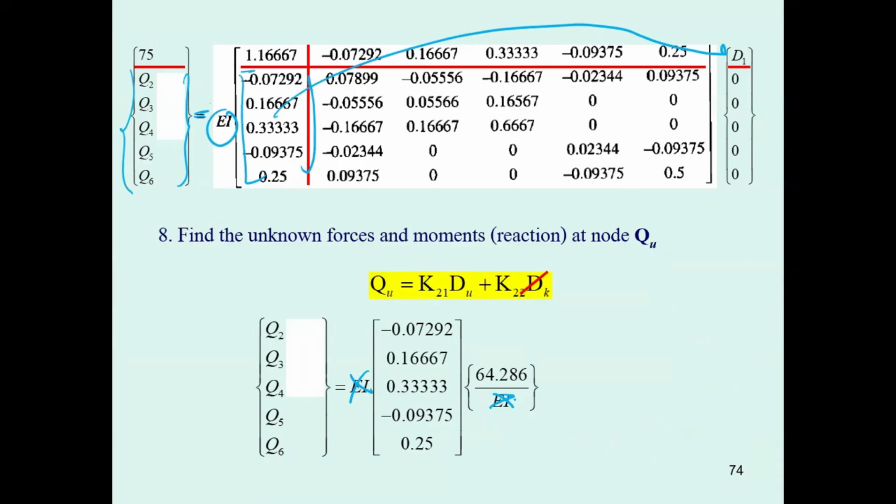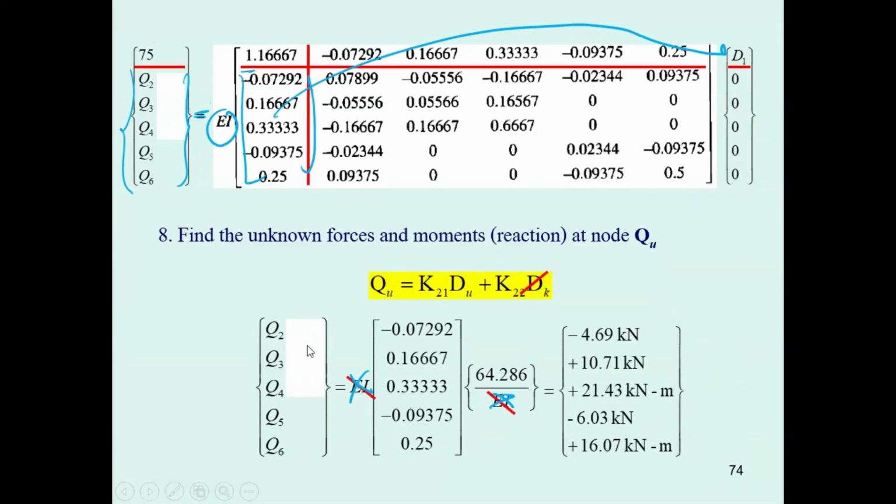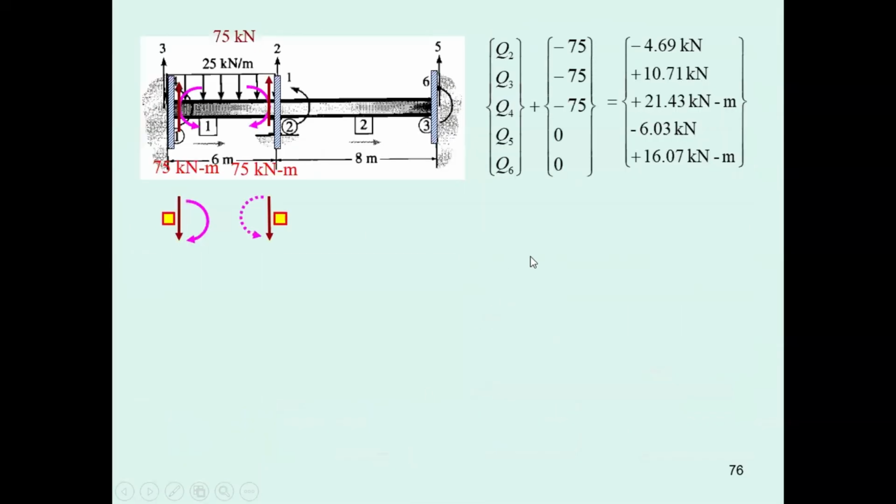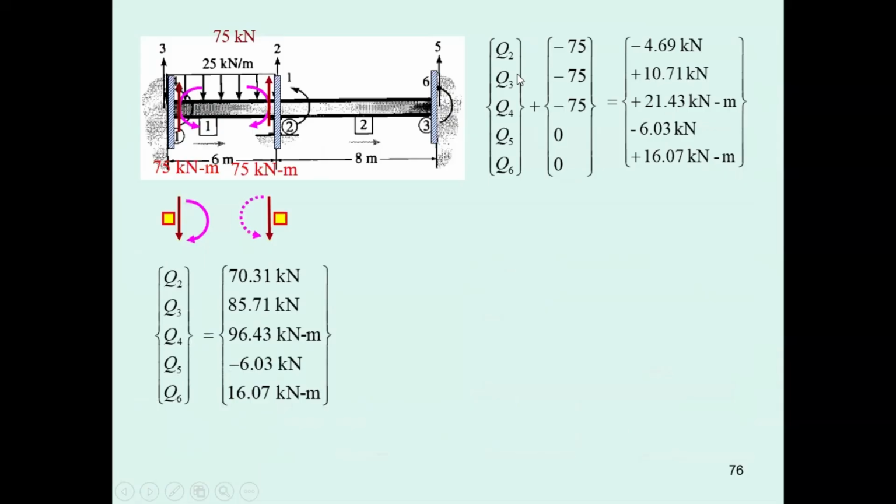Okay, and then when you get it, don't forget about the result that we did before. Minus 75 kilonewton, minus 75 kilonewton meter. Okay, and take it over here. Then the real reaction will be obtained.